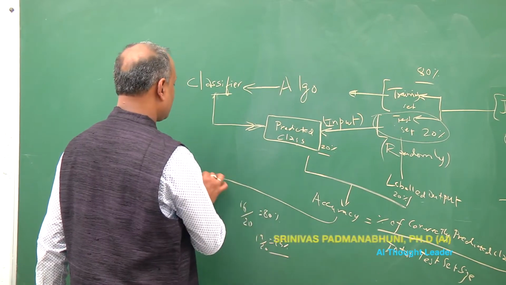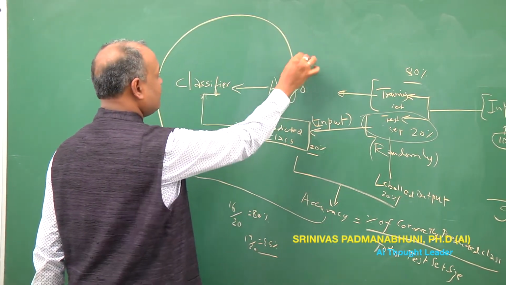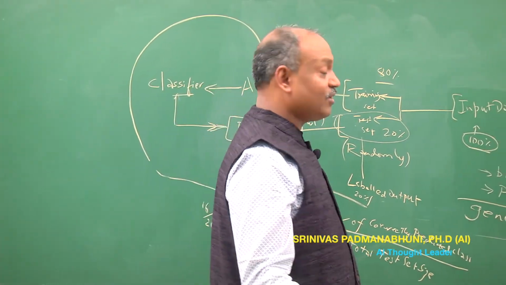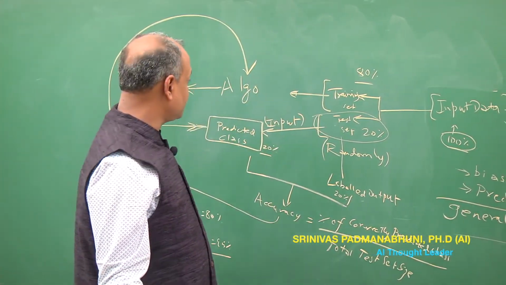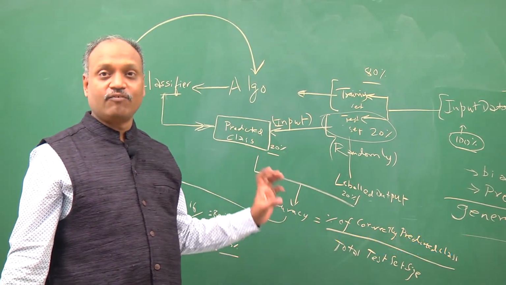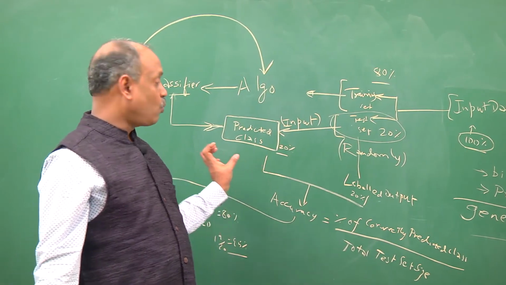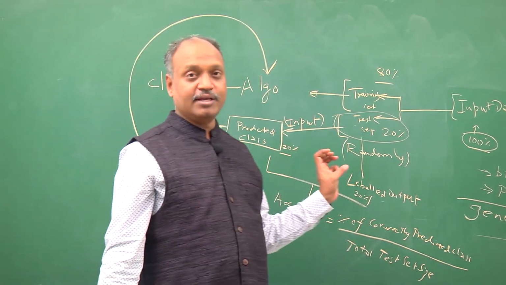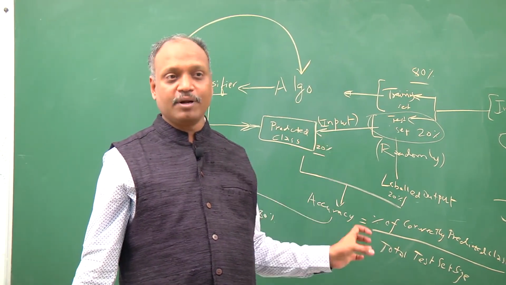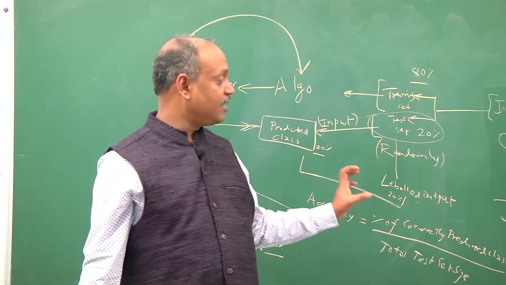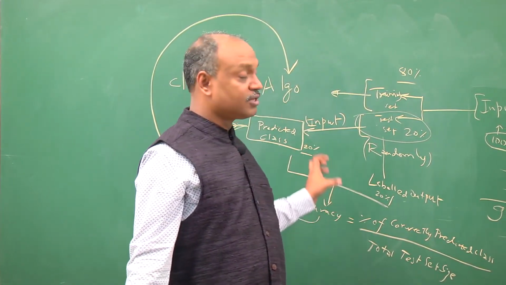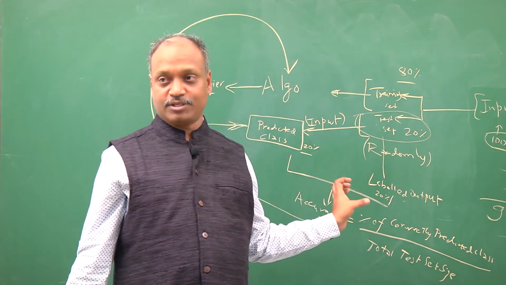If accuracy is not good, you can go back and revisit the algorithm and try it differently with different parameters, hyperparameters, etc. Run it again till you're satisfied with a certain accuracy level. So what we have in supervised learning is a great approach by which we can use the input labeled dataset itself to measure the corresponding accuracy and use that to iterate our models till you get sufficient accuracy.